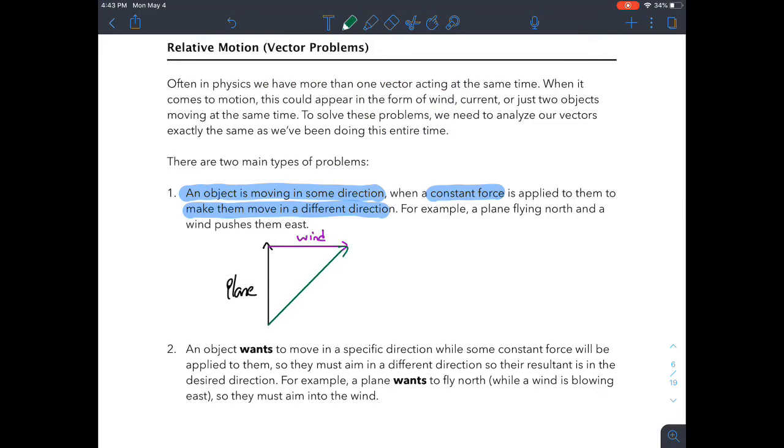That is the velocity of the plane relative to the ground. So if you were standing on the ground, if this was me right here, I would see the plane travel this green line as it flies because the wind is pushing it off course a little bit.